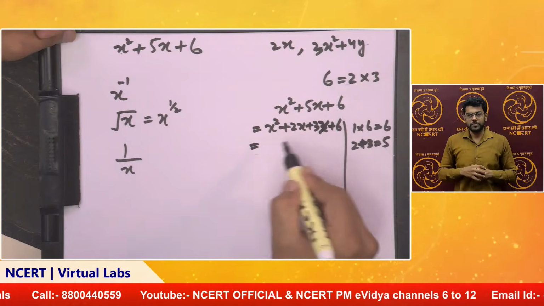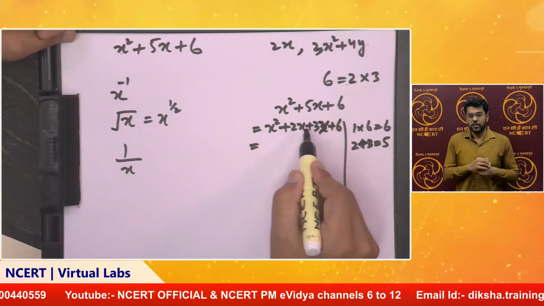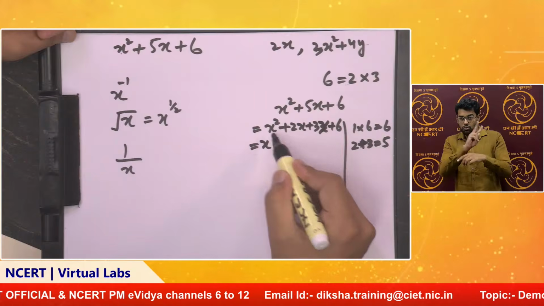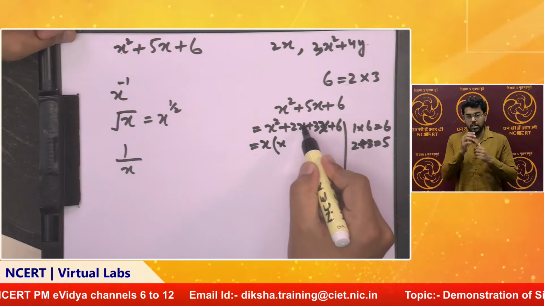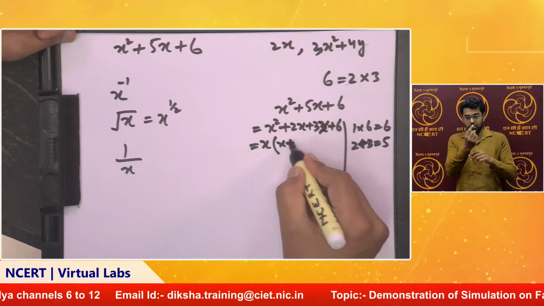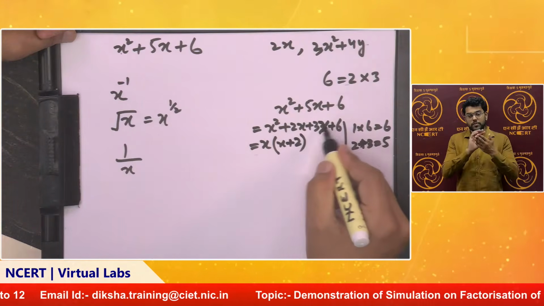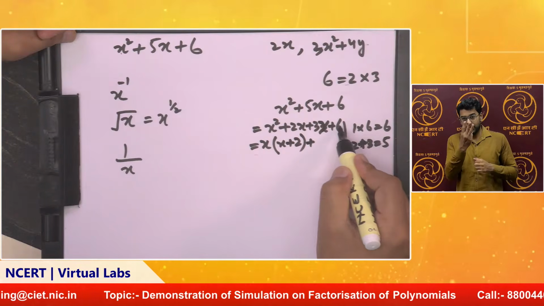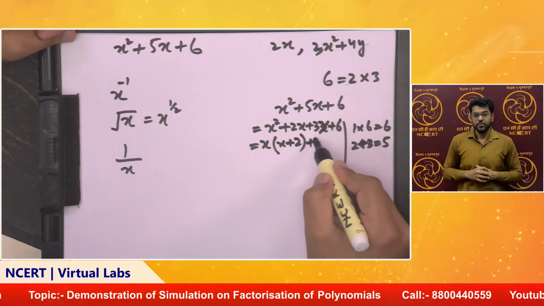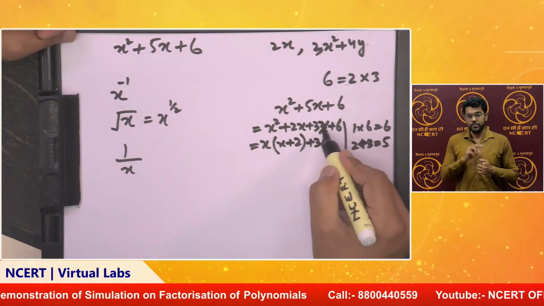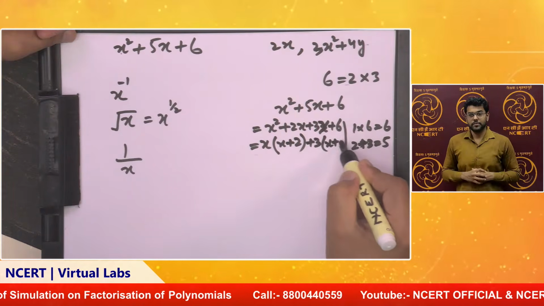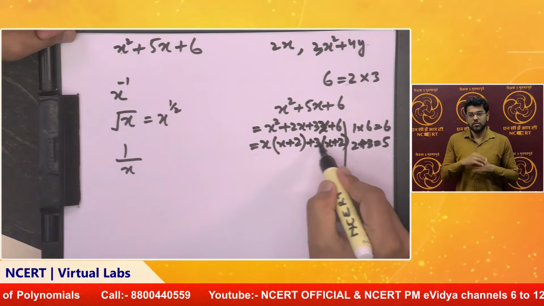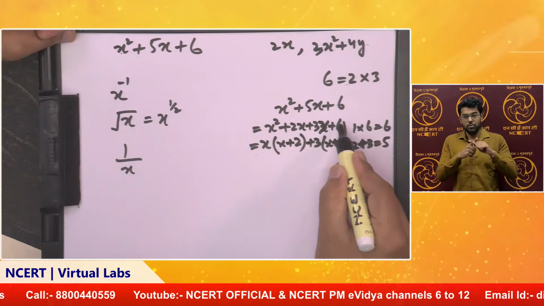Now you can see from the first two terms there is a common term, I can take x out. Here 1x will remain, and from here x has been taken out, so 2 will remain inside. Likewise, 3 can be taken out from this term as well as from this term. I will take 3 out, x will remain here and 2 will remain here, because if I multiply by 3, it will become 3x, and 3 into 2 equal to 6.